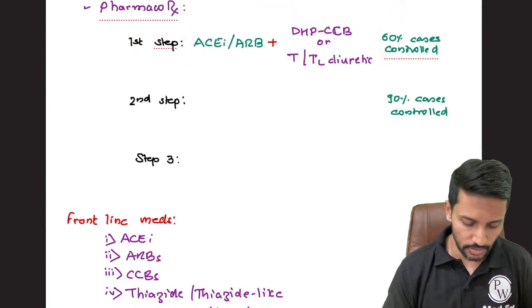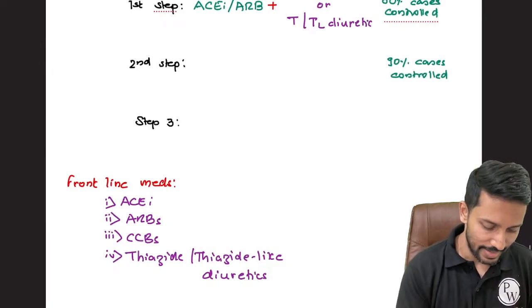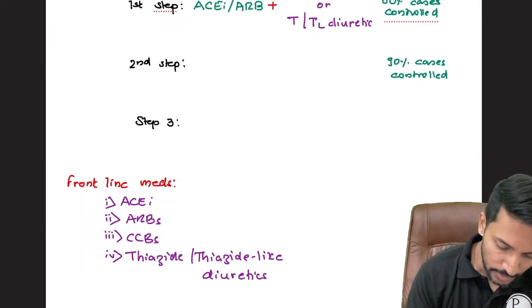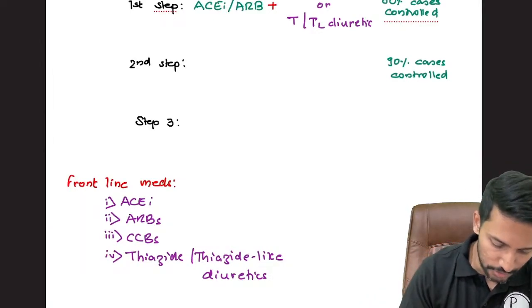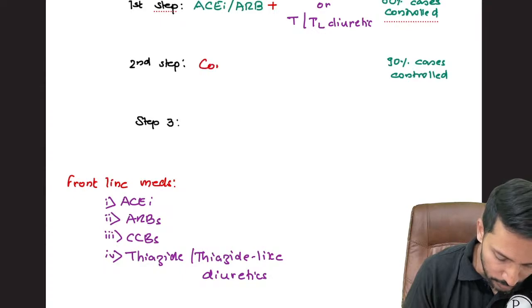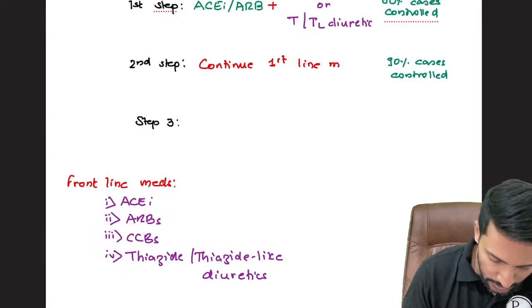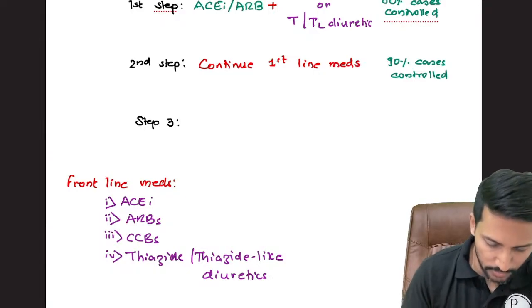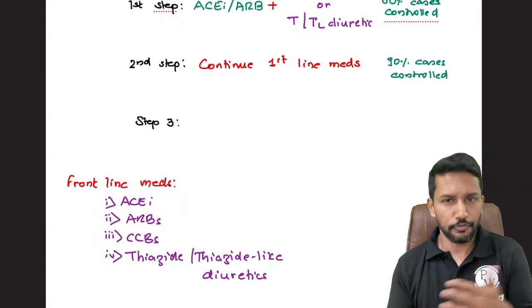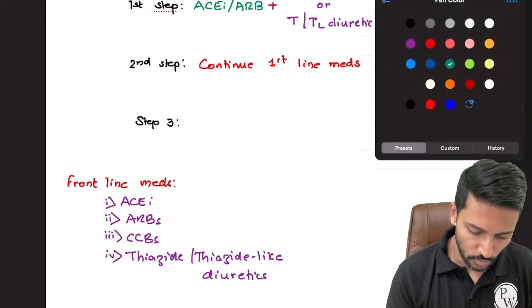If not controlled, I will add the next step. So what do we do in the next step? I will continue with these medications, right? So in the second step, we continue first line meds, whatever we had started. And if the BP is not controlled, what else can I do now?